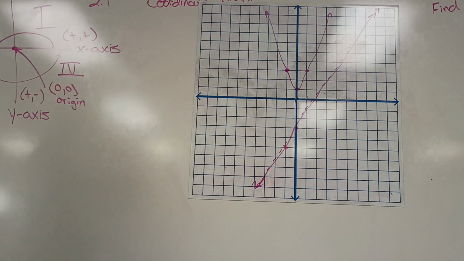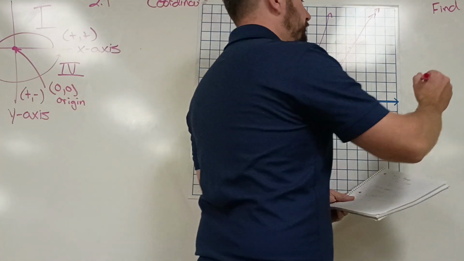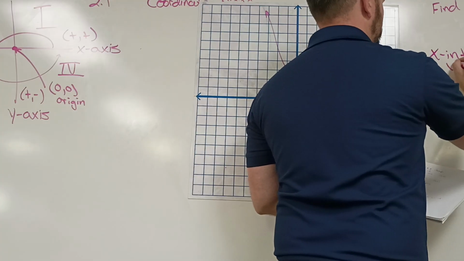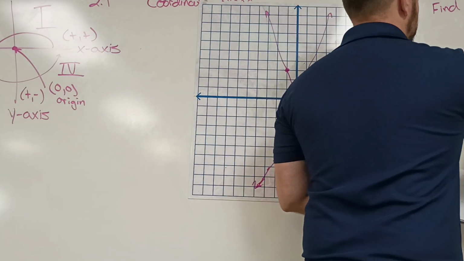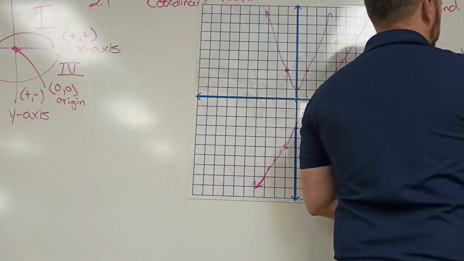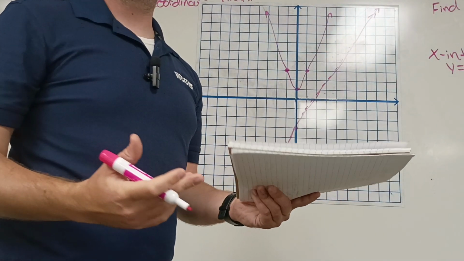But why is that your y-intercept? Good question. So to find my x-intercept, I'm going to set y equal to 0. They're always opposite, right? So for my x-intercept, I'm going to say 0 equals 4x minus 2. And then solve it.